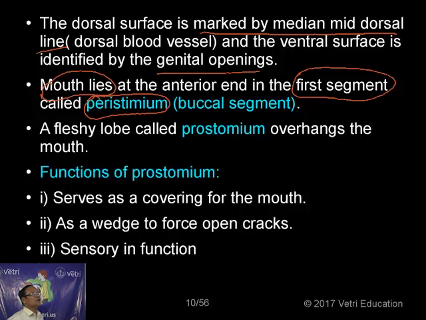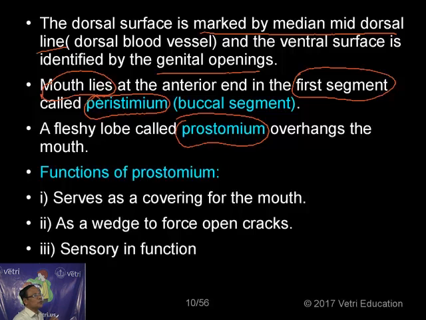Now, in front of the mouth, just overhanging the mouth, there is a fleshy lobe. That fleshy lobe is not a segment, just a small lobe overhanging the mouth, and that is called the prostomium. It is used for some purpose; I will tell you the functions now.